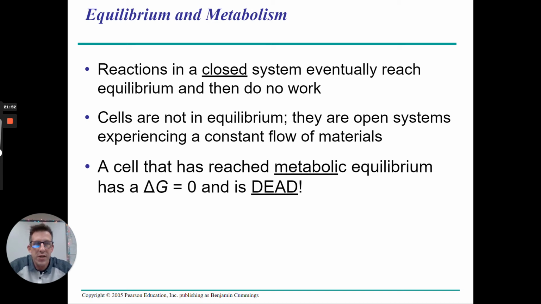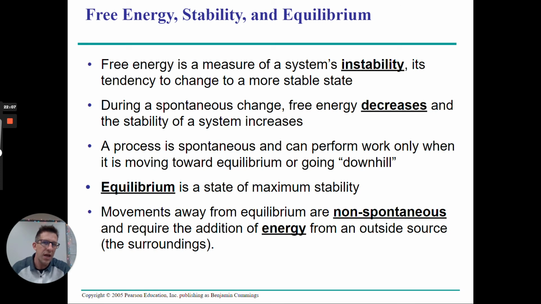Okay, if there is no flow of anything, if there is only a reaching of this equilibrium, you've released your free energy, but then you don't get to really make any more, and you're dead, okay? The reason I talked about stability in systems and why systems reach equilibrium is because there are systems that happen in our cells, chemical reactions and breakdown of molecules and things like that, that our cell can harness to utilize that free energy.